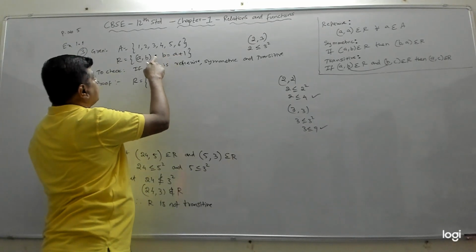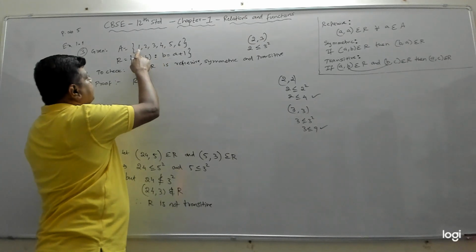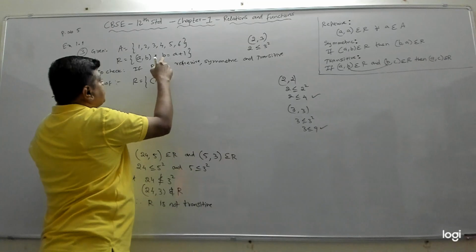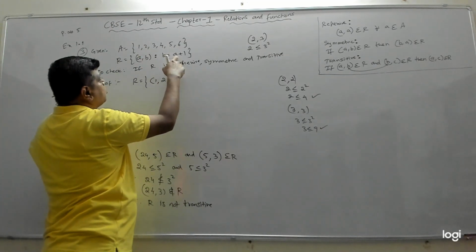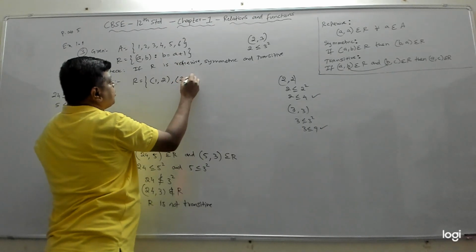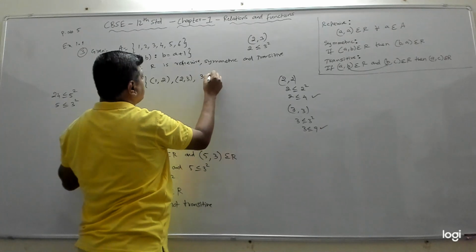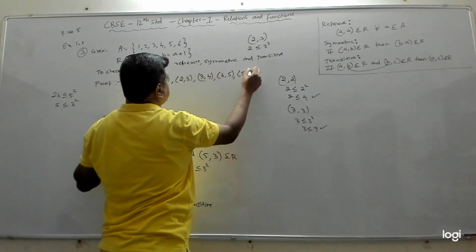So what we can do is, I'll put the value of 1 for A here and find the value of B. So if I put A is 1, B becomes 2. Then if I put A equal to 2, B becomes 3, so 2 comma 3 will come. If I put A equal to 3, 3 comma 4 will come. Then 4 comma 5 will come. And 5 comma 6 will come.